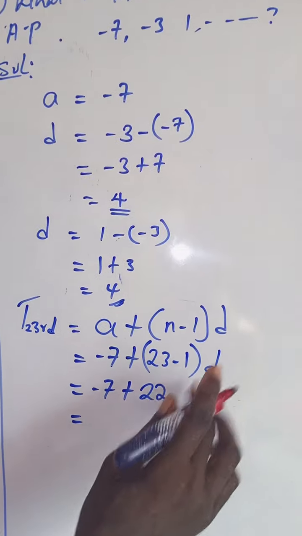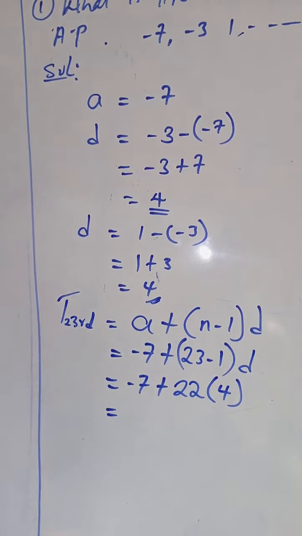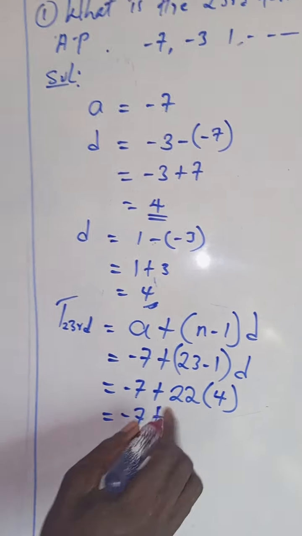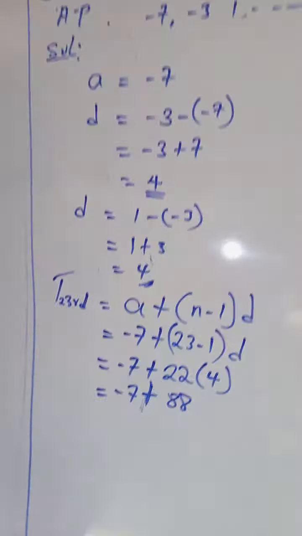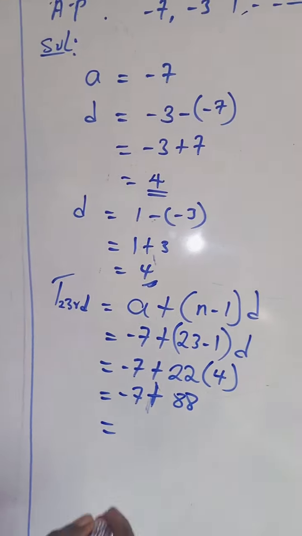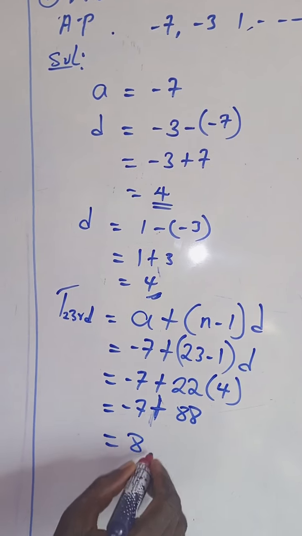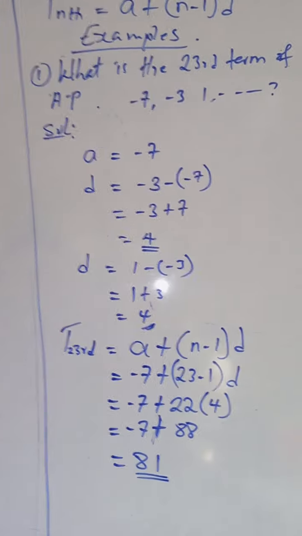My difference I have not applied yet; my difference is 4. So minus 7 plus, let's multiply this first: 22 times 4 is 88. So finally I'll be having 81 as my 23rd term.